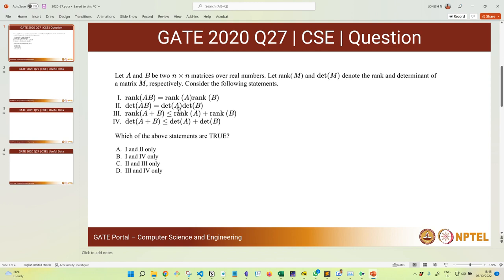Yeah, actually that is true. So I think the answer to this question is 2 and 3 only, because when you sum two matrices, its rank cannot exceed the sum of the ranks of the individual matrices.